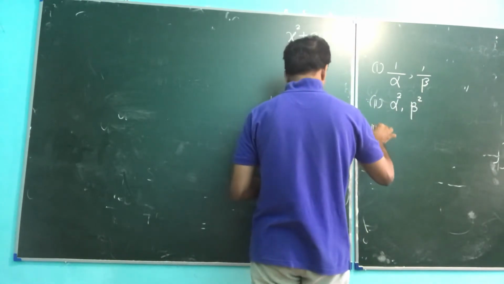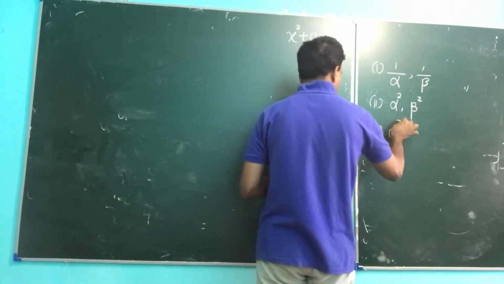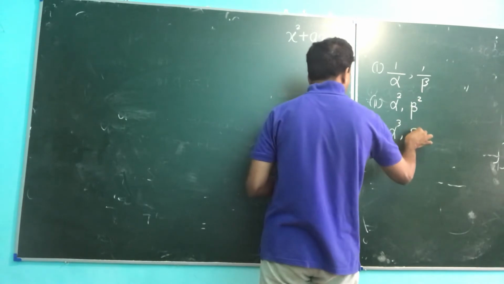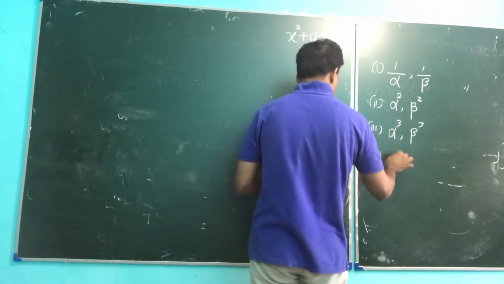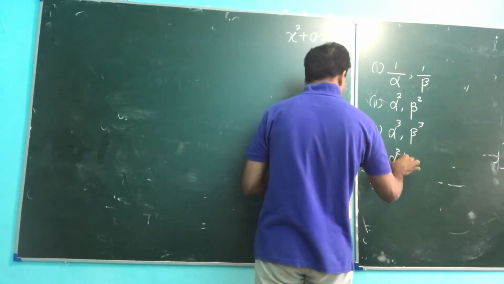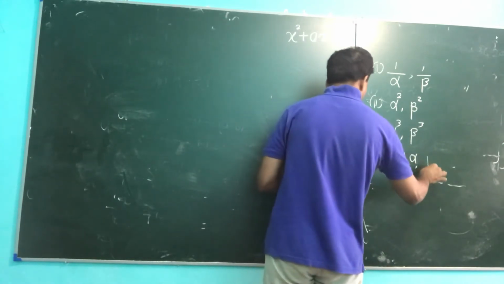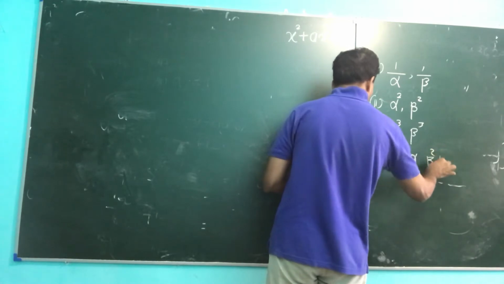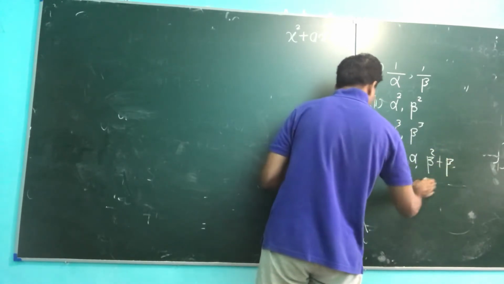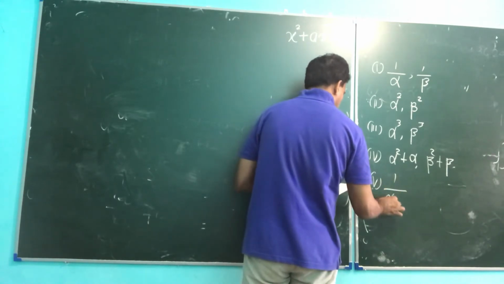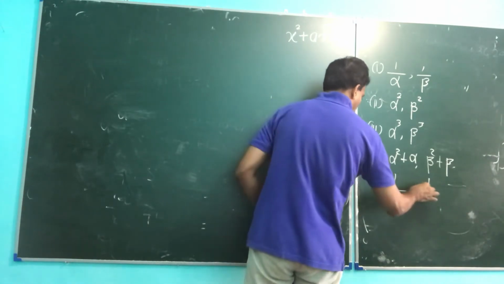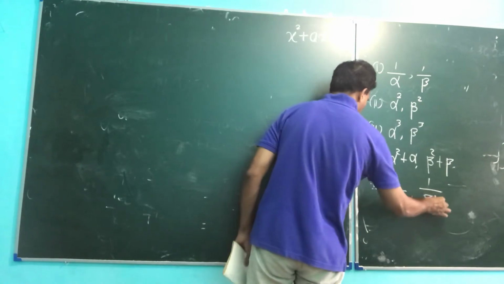Third one: alpha cube and beta cube. Fourth one: alpha square plus alpha, comma, beta square plus beta. And the fifth one: 1 over alpha plus 1, comma, 1 over beta plus 1.